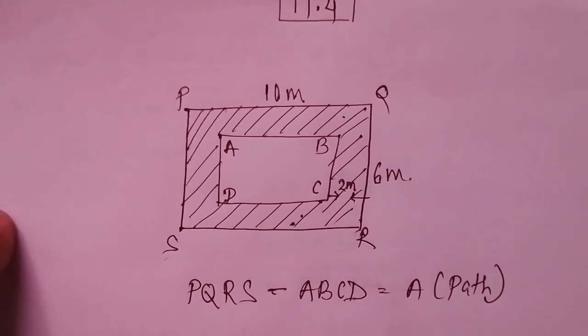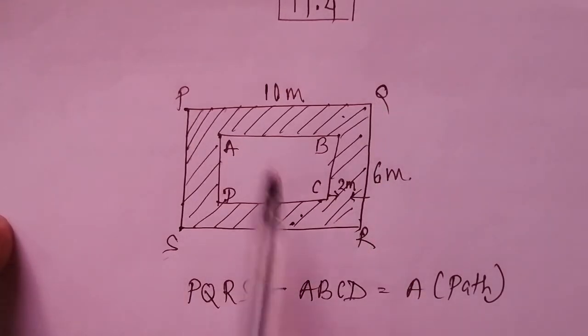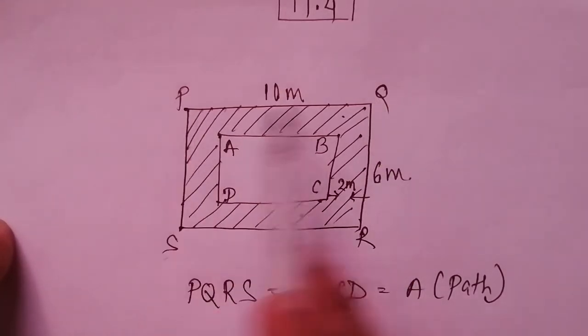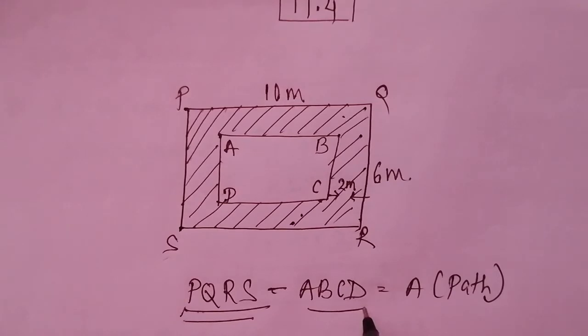Now for PQRS the dimensions are given, but for ABCD the dimensions are not given. That means in this situation, first of all you have to find the dimensions of ABCD.